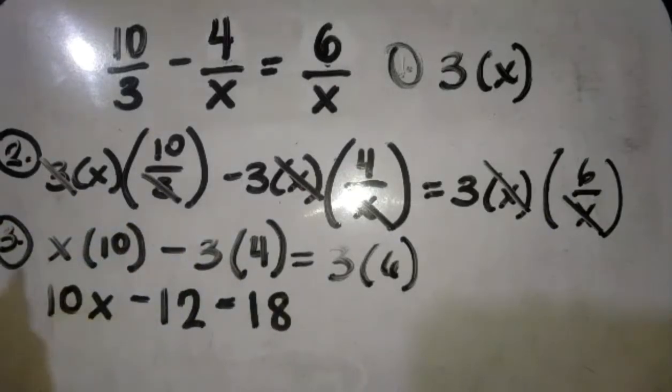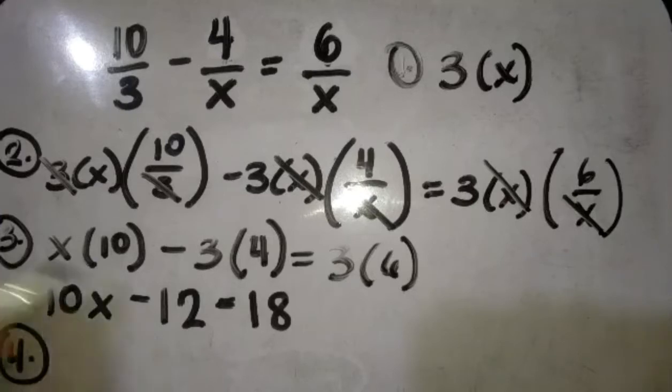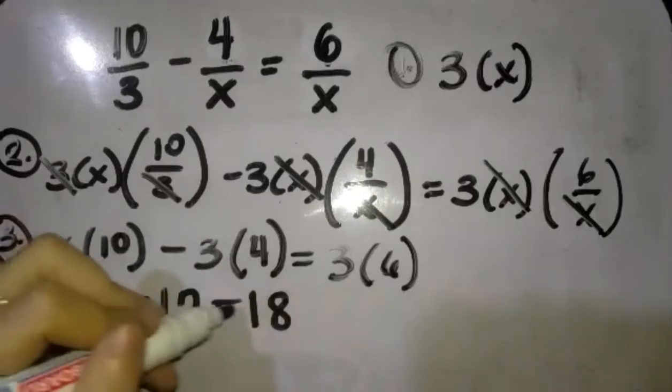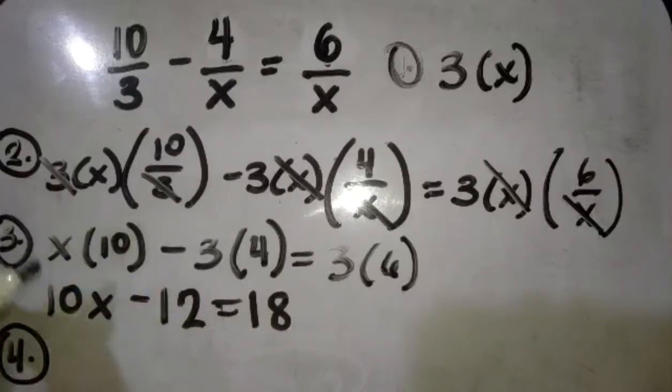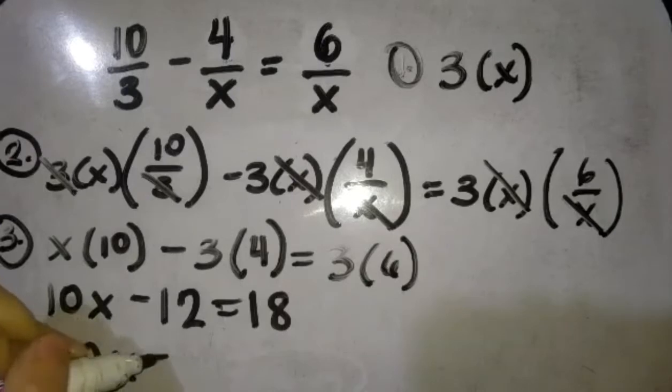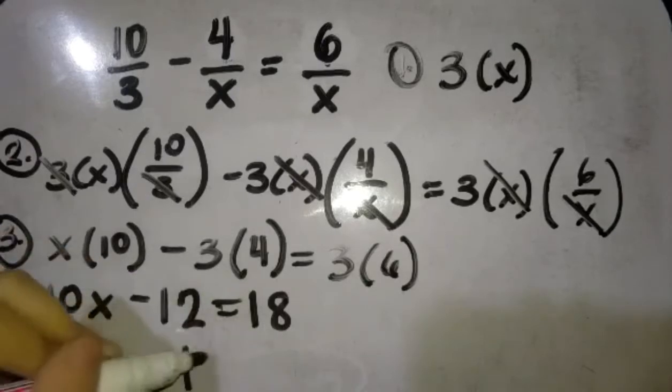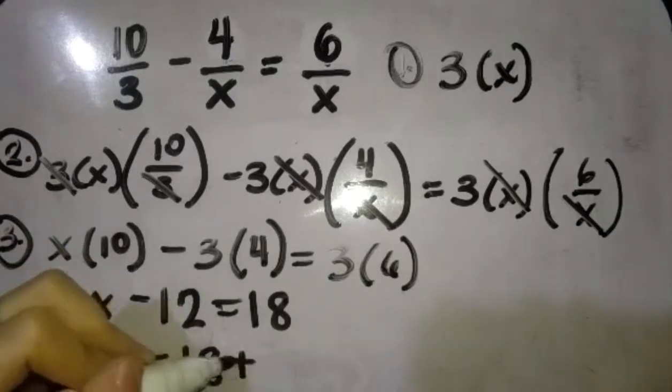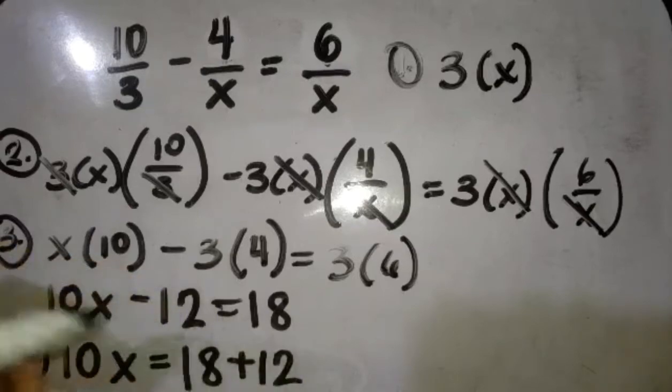And now we will use the solving in linear equation. So 10x, all constant with variables on the left side, which is 10x, and equals to 18 since the constant is plus 12.